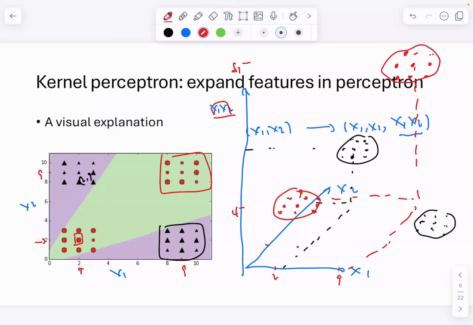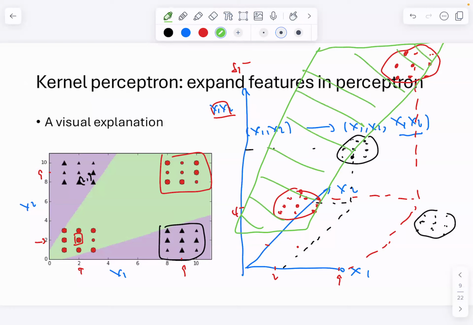In this new space we can actually find a linear separator. In a 3D space, a linear separator is a 2D plane. We can easily find a plane to separate these two sets of points. If you map this plane back to the original space, you will see a shape like this.